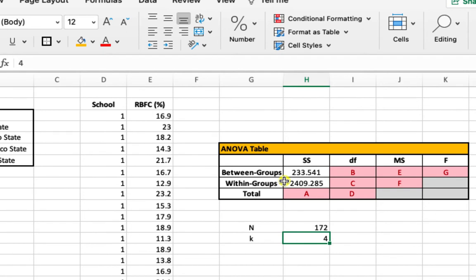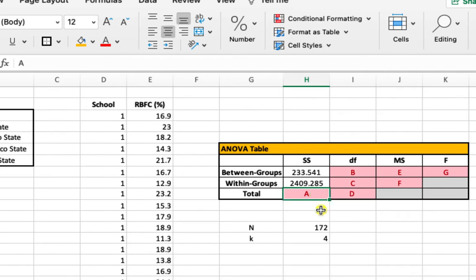And recall in the lecture we identified that these two descriptors are different from between subject and within subject factors, which are descriptors for types of independent variable samples. So our between groups sum of squares and our within group sum of squares will always be provided to you in the table for any types of questions that you'll be answering related to the ANOVA table.